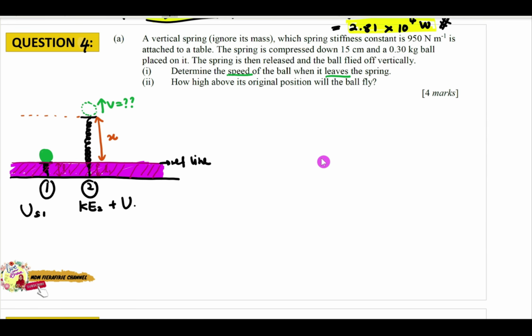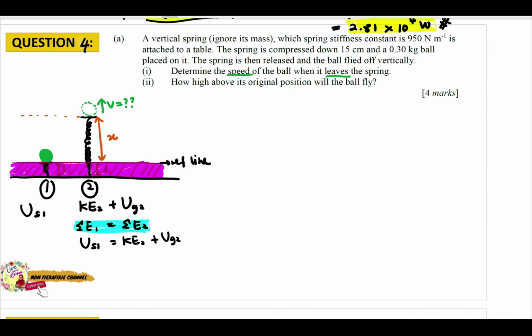Dan dia ada juga gravitational potential energy. Okay. And then by using conservation of energy, 1 equal to 2, gambar 1 is equal to gambar 2. So we're gonna have US1 equal to KE2 plus UG2.